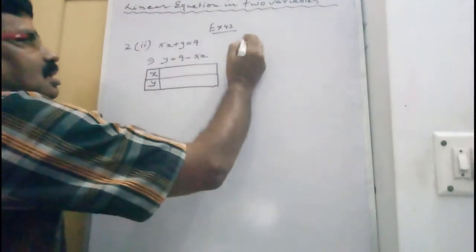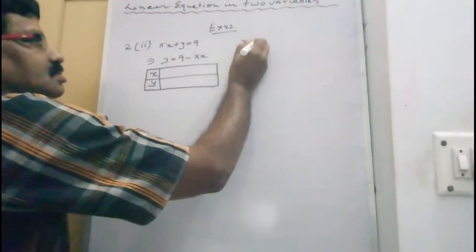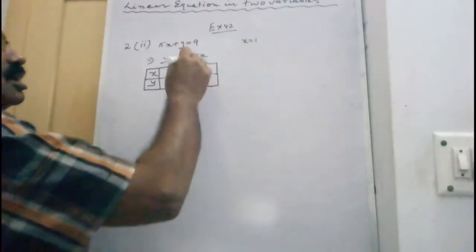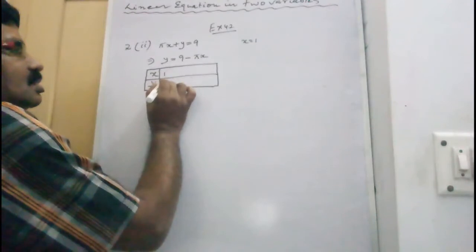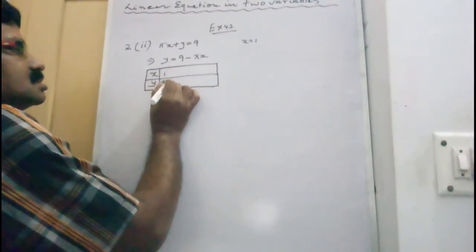First you take x equal to 1. So when you take x as 1, y is 9 minus pi.